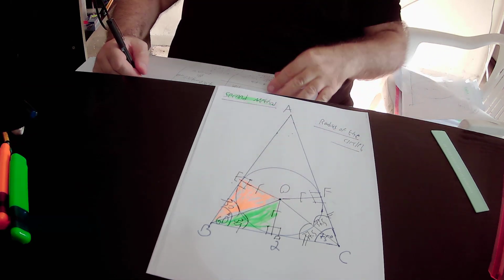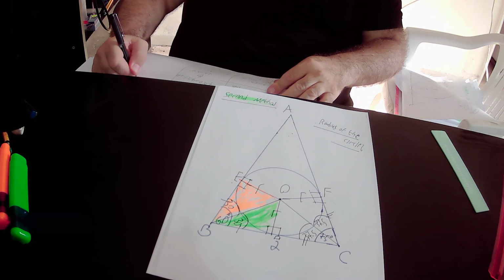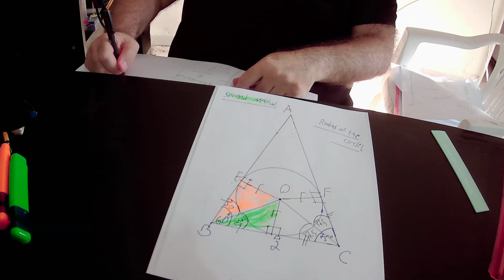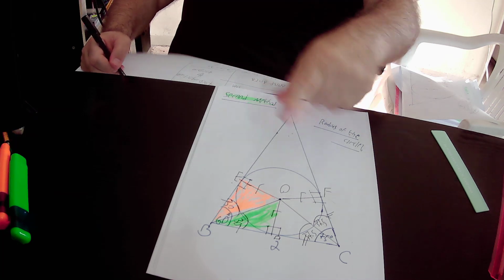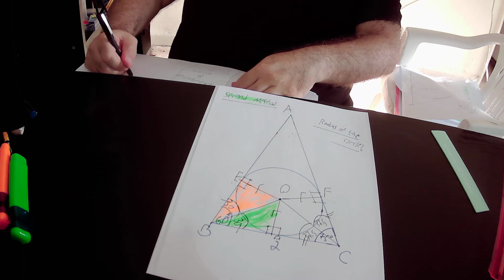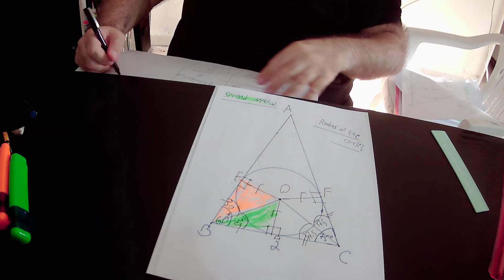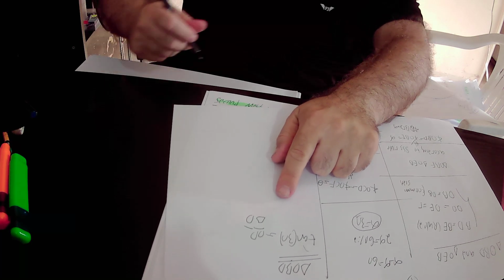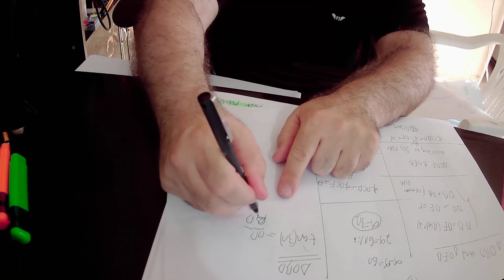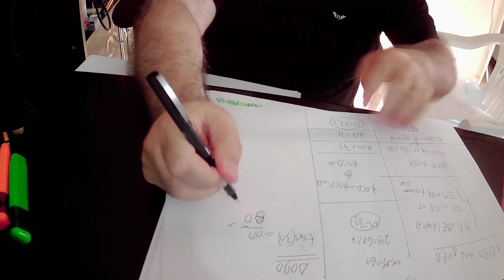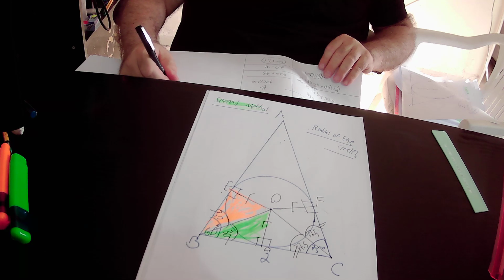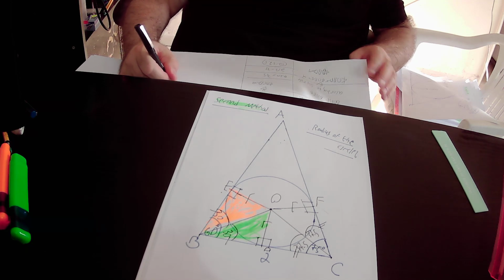Tangent 30 degrees equals OD over BD. OD equals R. We substitute OD by R, so it is R over BD.